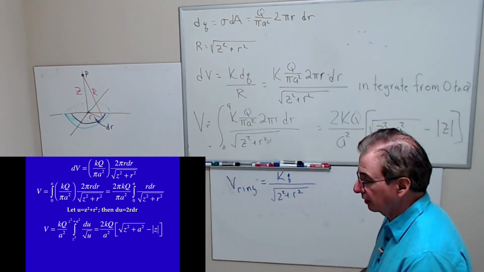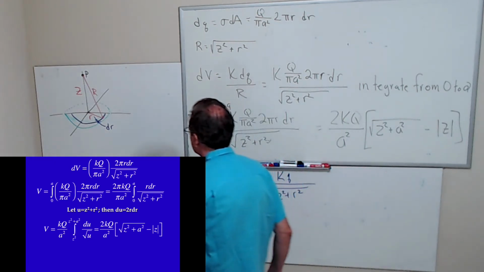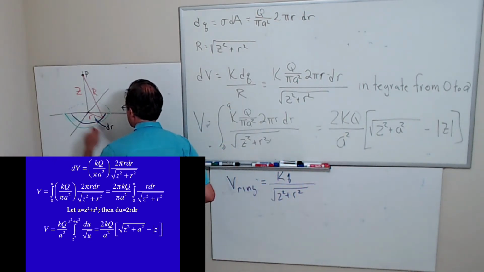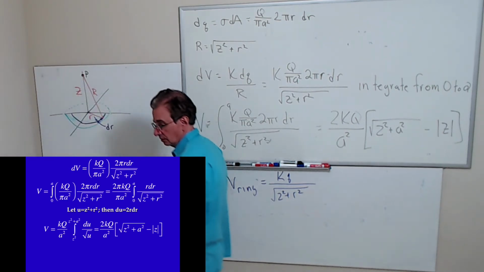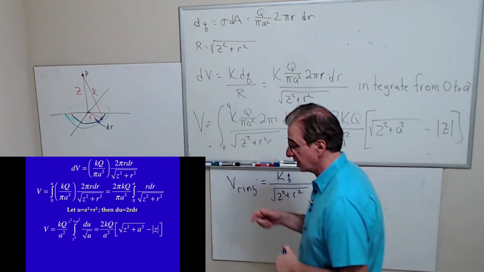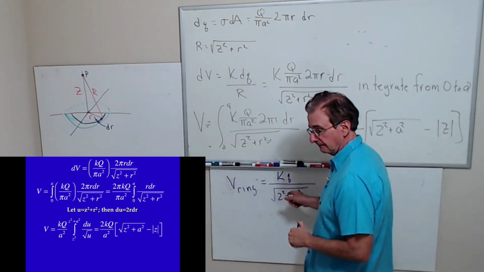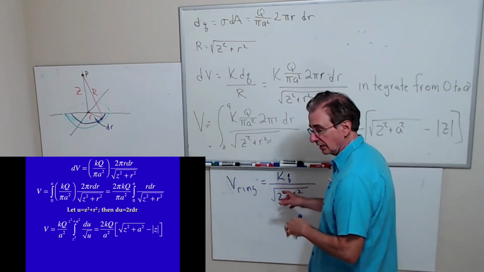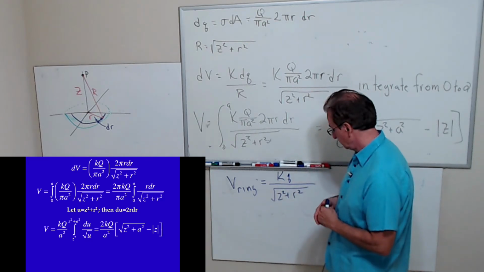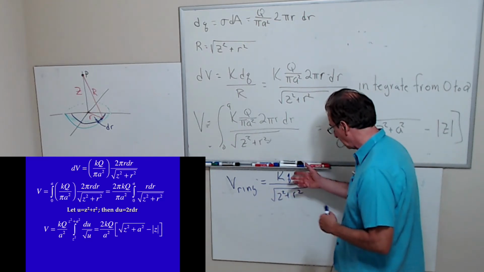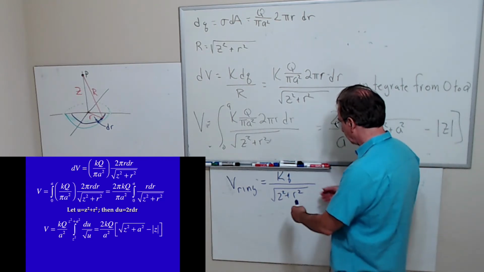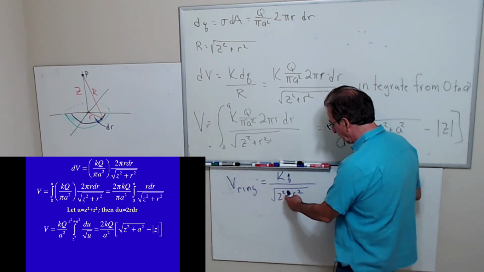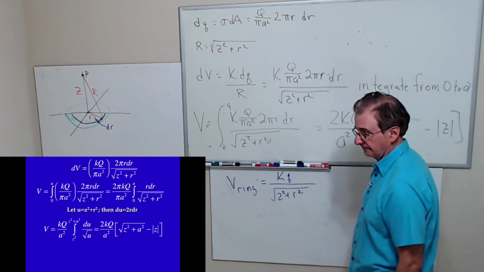Why can I do that? Because on a ring, if this is uniformly charged, each piece on the ring is the same distance from point P. And if each piece has the same amount of charge, then each term of my summation has the same denominator and the same numerator. When I add up all the terms, I'm just going to get the numerator over the denominator times the total charge.